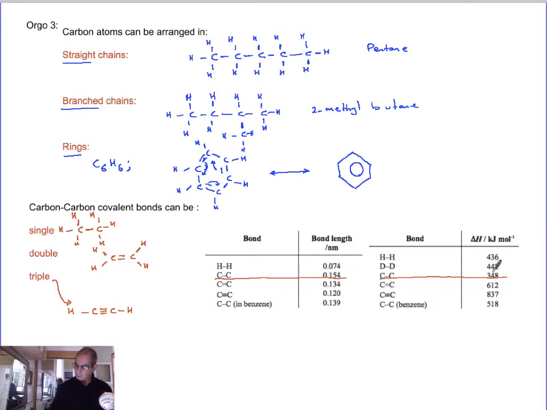You should also look at their enthalpies and realize the strongest means the triple bond and the shortest means triple bond. Benzene, on the other hand, is somewhere between a single and double, both in terms of distance or nanometers, and also in terms of bond strength, because of delocalization or resonance.